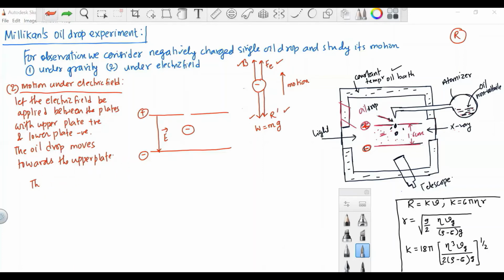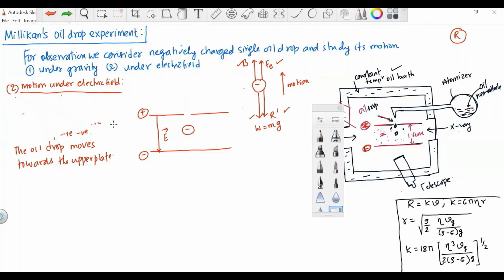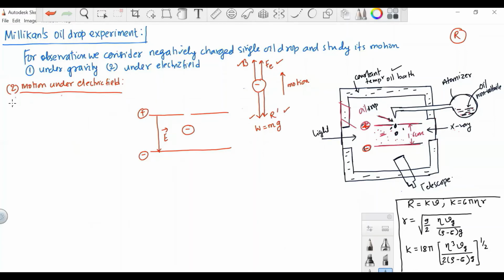In the presence of an electric field, the drop experiences a force, that is F equals, let's say, QE.